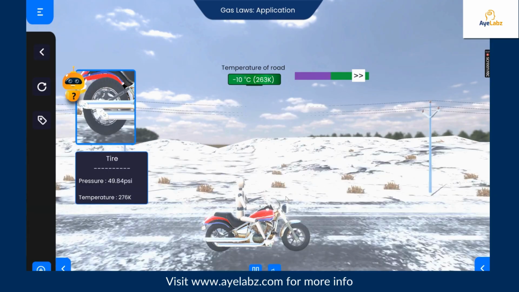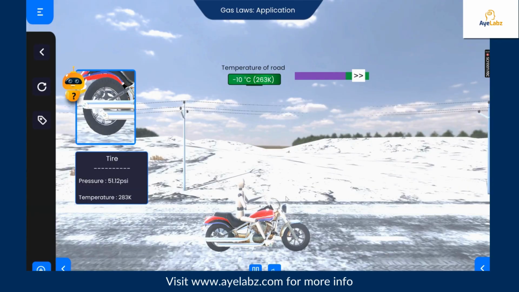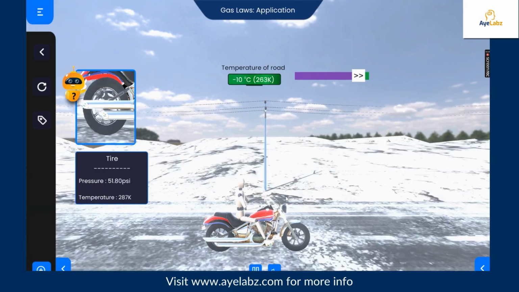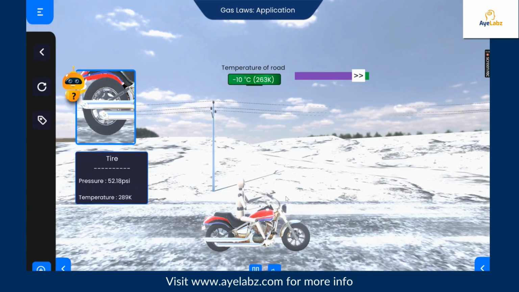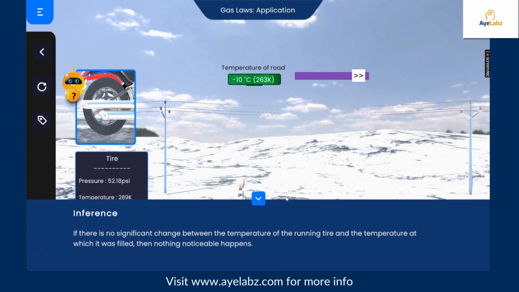As the temperature is not significantly different from the temperature of the gas filled, it will not show much difference in the bike tire inflation. So nothing noticeable happens.